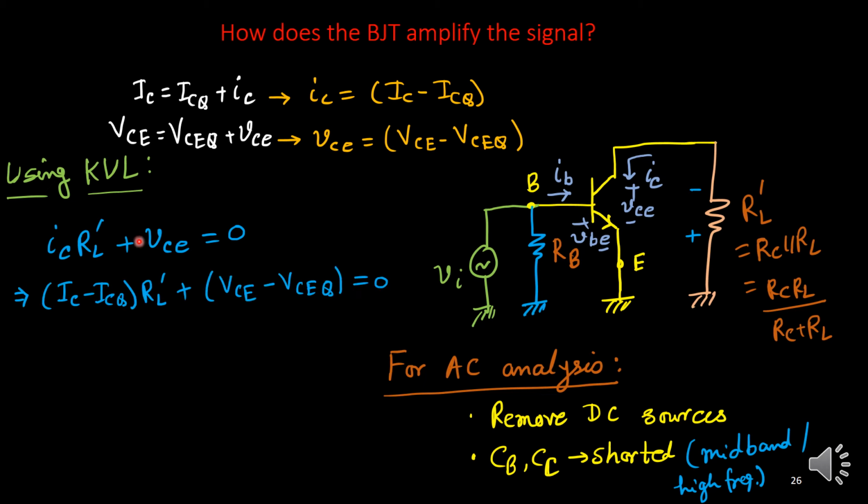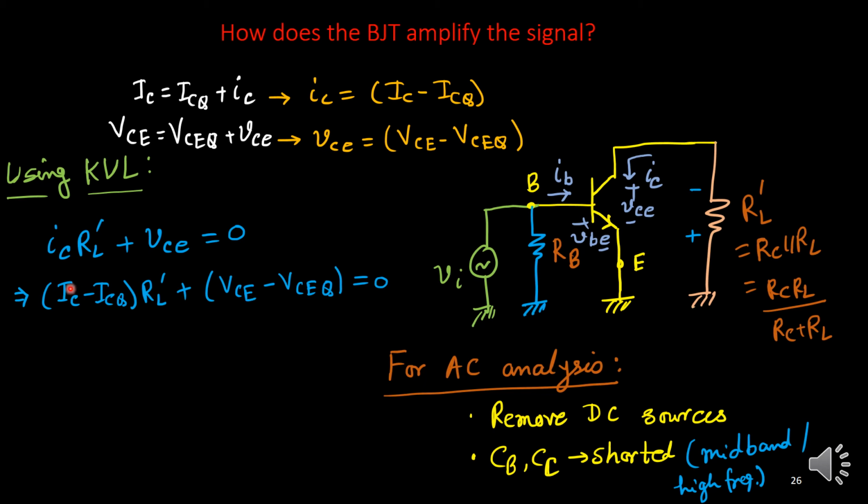If I replace this, I will get an equation. Note that ICQ is a constant DC current, VCEQ is a constant DC voltage across collector emitter, and RL prime is also constant. So the variables are IC and VCE, and they are linearly related.